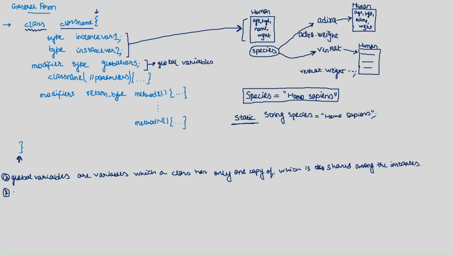Now you can really declare instance variables and have modifiers in front of them as well. So in case of a declaration of instance variables, we can say that some instance variables can be public, so public int age.